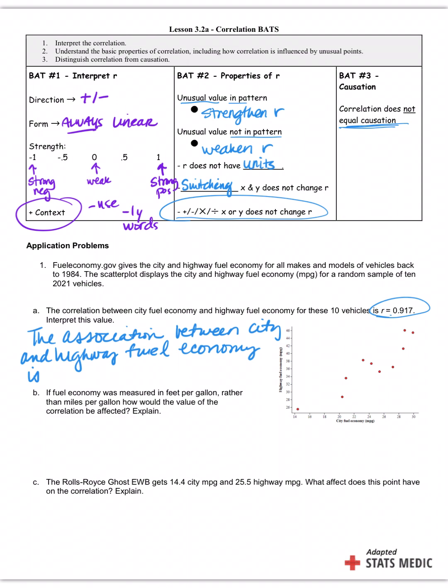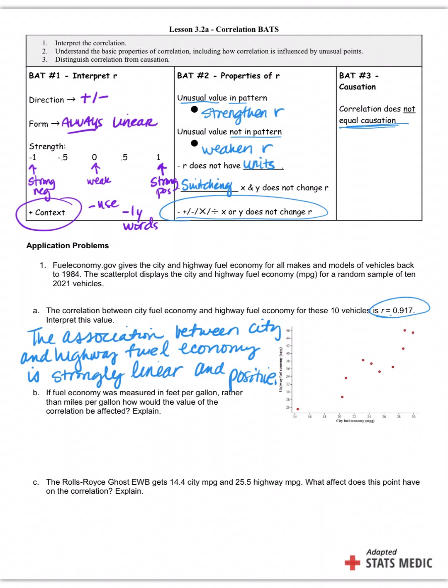Positive? Linear? What about strength? Strong. 0.9? It's close to 1. That's pretty good. Right? 0.9 is pretty close to 1. So I would say it is strongly linear and positive. As long as you have those features in your sentence, it doesn't have to be exactly like mine. Direction, strength, linear, and context, right?